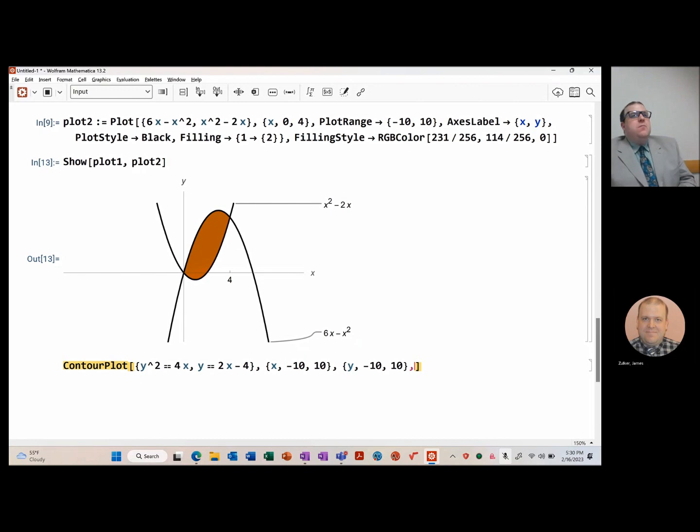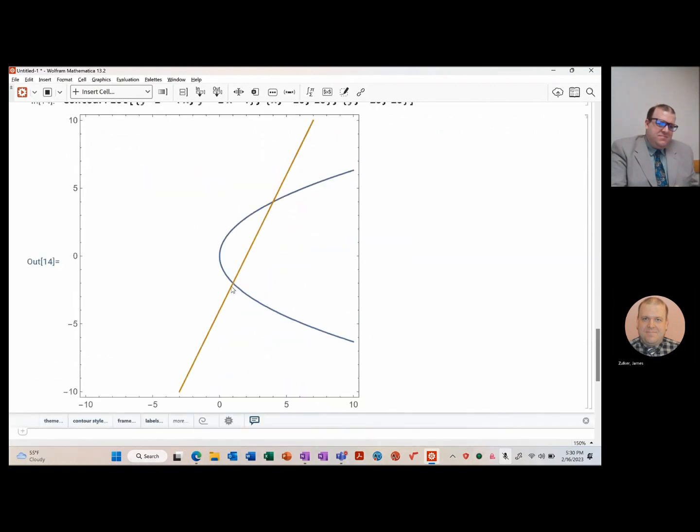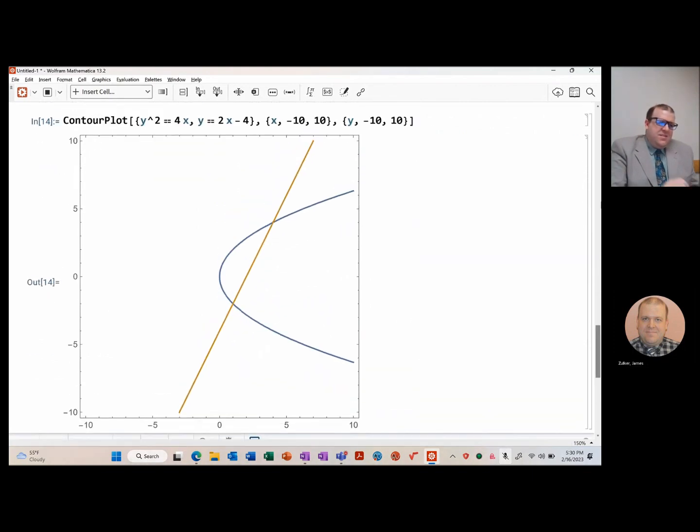And so we need a domain for both x and y. I'm going to go with the standard viewing window, minus 10 to 10 all the way around. This would technically be all we need. There is a problem. That's the default option for ContourPlot.